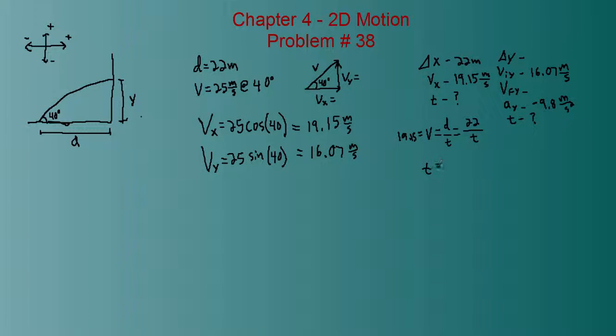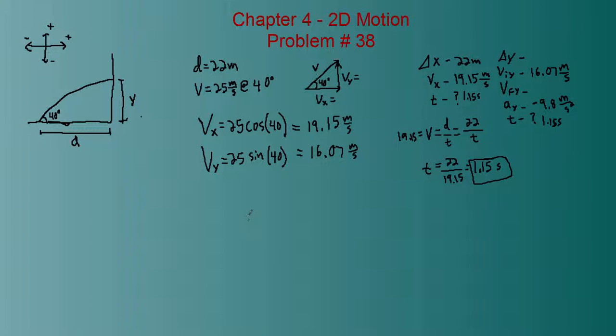So t is 22 over 19.15, which is 1.15 seconds. So we'll stick that right here, 1.15 seconds. My 5's and s's do look very similar. Sorry about that.